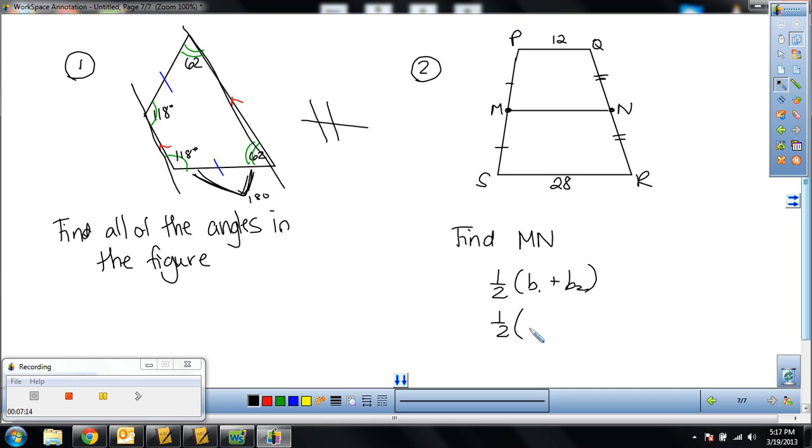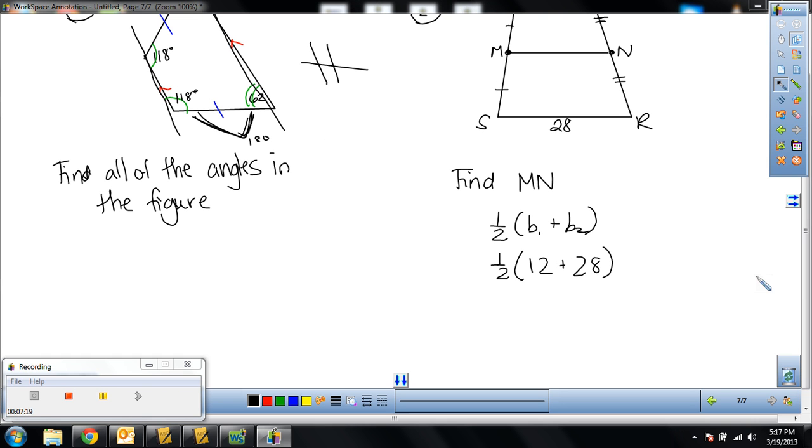So 1/2 of 12 plus 28. When we add these two together, order of operations says that we need to add inside first. So 1/2 of 40, which is 20, so our midsegment MN is 20 units long.